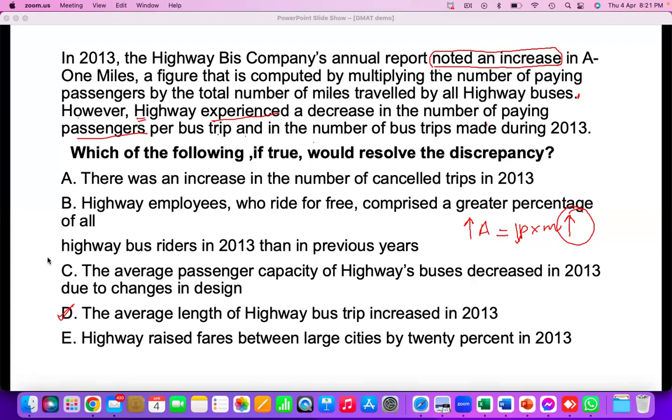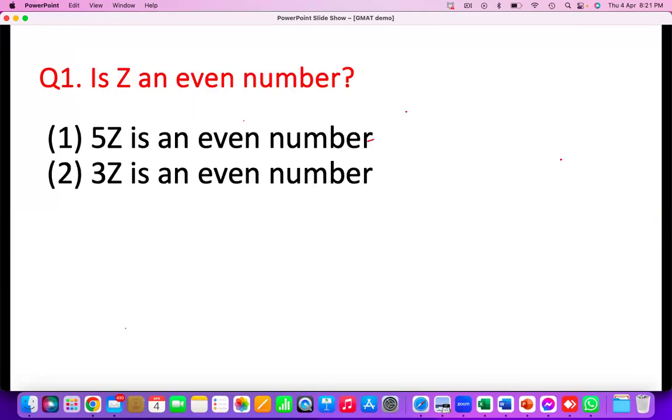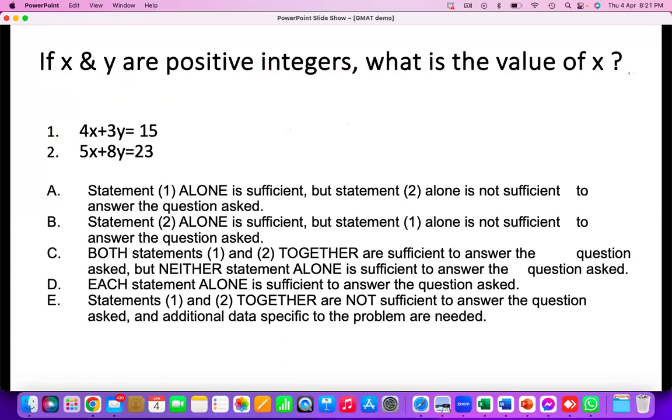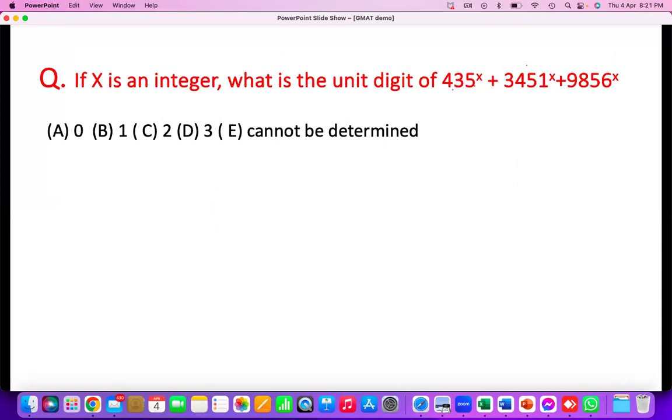Now let me take you through a couple of quant questions. This is data sufficiency. Let me take you through a first simple question on quant.